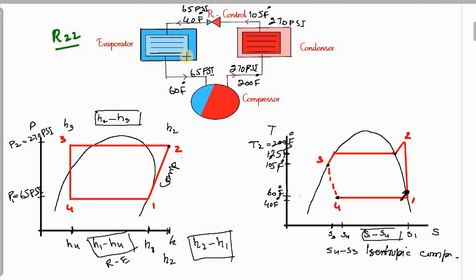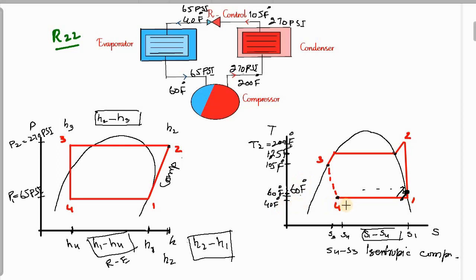During this evaporation process, the refrigerant absorbs some latent heat and some amount of sensible heat. The sensible heat is from this point to point number 1, and if we look at the change of temperature here, we can see there is 60 degrees Fahrenheit.